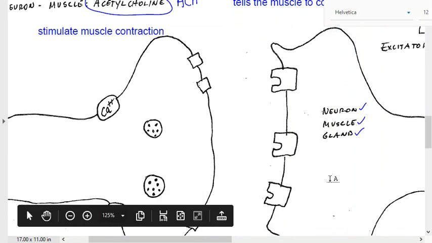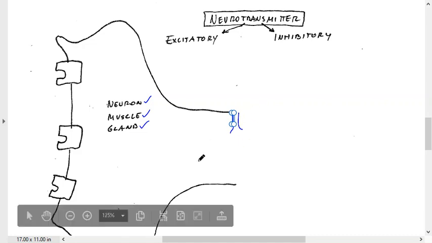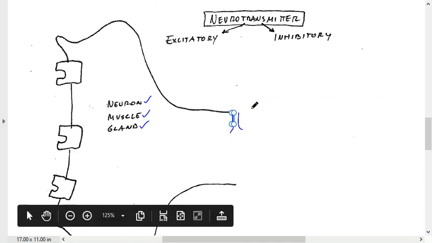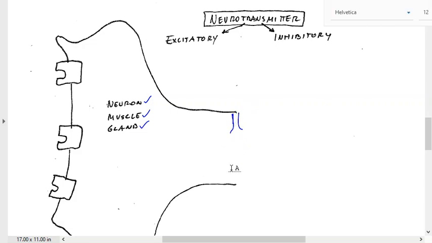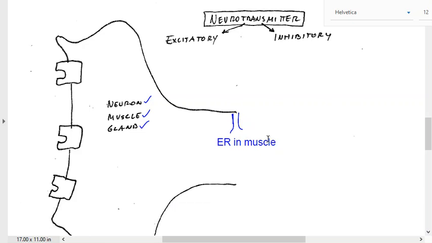So just some extra stuff. If you wanted to sketch this, again, you don't have to, but muscles have part of their ER, their endoplasmic reticulum, that actually contains these calcium ions. So I'll say ER in muscle. It doesn't really look like ER, but whatever, go with it. The ER in muscle cells is really the sarcoplasmic reticulum.